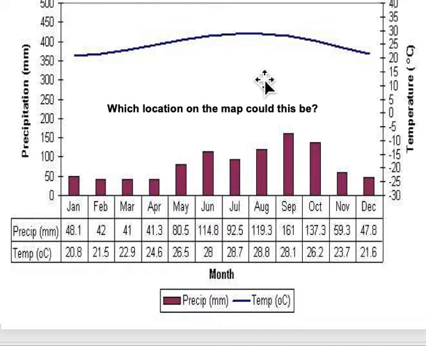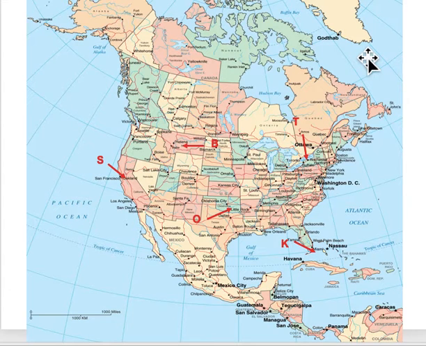If I were in the middle of a continent, I would have a much bigger change between the winter and summer months. So I can feel fairly confident that this one must be near water and fairly far south, which would make this choice down here, which is Key West, Florida, probably the best choice for that climograph.